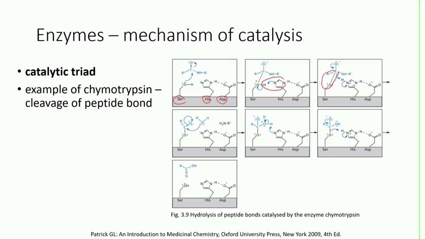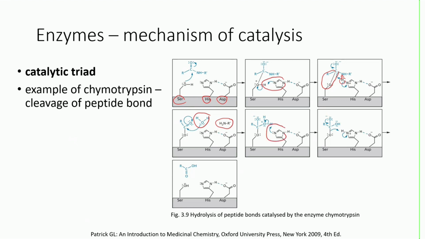The protonated histidine then affords the proton to the amino part of the peptide under release of the amine, and a water molecule is approaching the acyl bound to the serine.